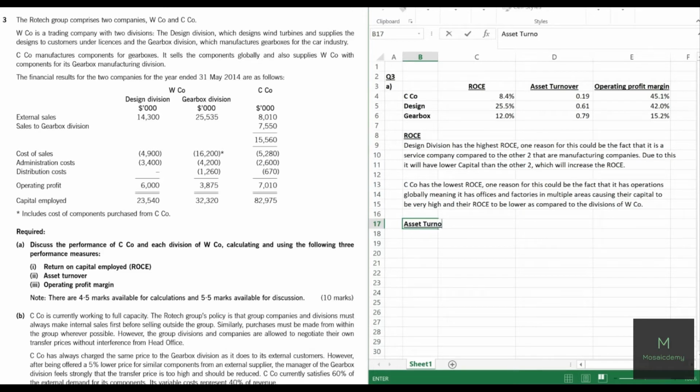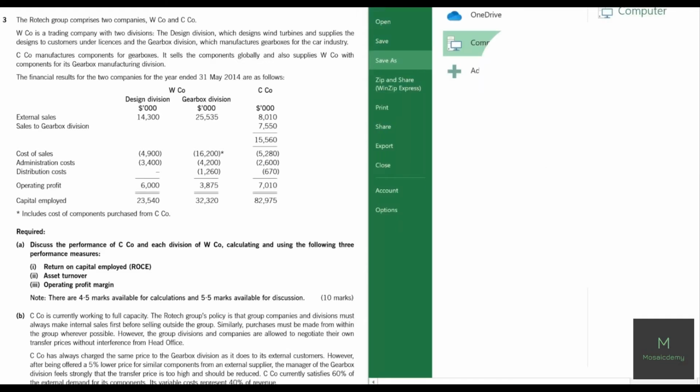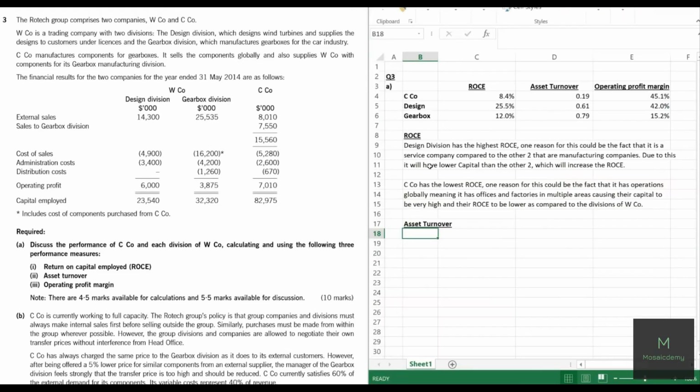So asset turnover. Okay, so in asset turnover, we still have capital employed, but now sales are in the numerator. Okay, and if we look at it, something interesting happens. So design still has a pretty high asset turnover compared to CECO, but it has a lower asset turnover than Gearbox Co. And CECO still has by far the lowest asset turnover.